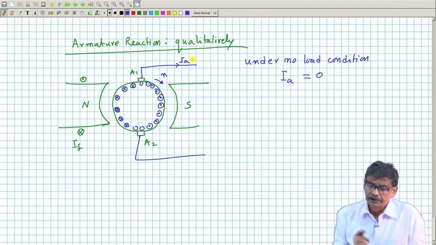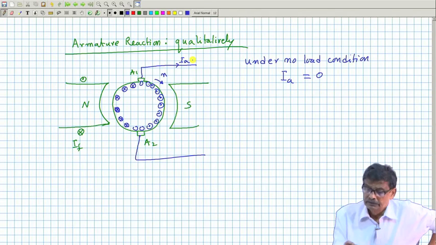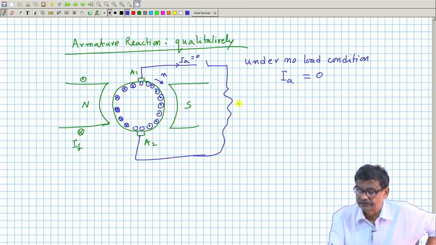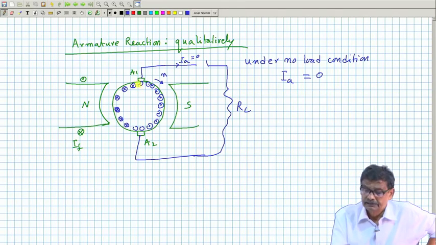Now, under no load condition this is 0, but when I will be loading the machine, that is, I will connect some load resistance across the armature, then only current will be flowing, and the direction of the current will be dictated by this only.